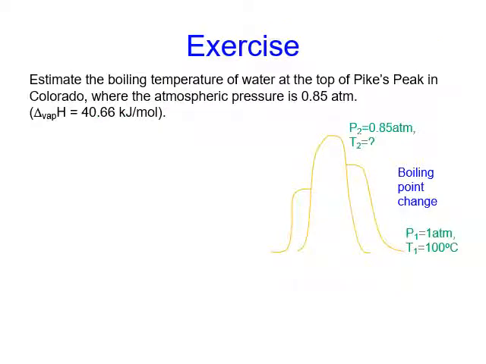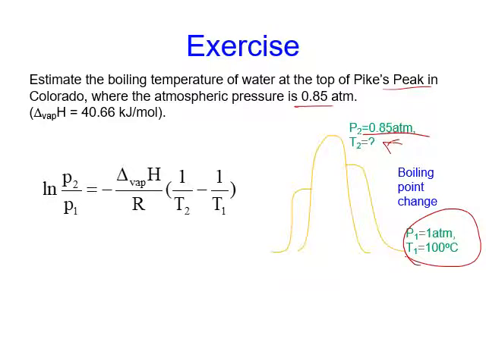Sample question. Estimate the boiling temperature of water at the top of Pikes Peak in Colorado, where the pressure is 0.85 atmosphere. So we know the water boils at 100 degrees when pressure is 1 atmosphere. But when you increase elevation, in this case, the pressure becomes only 0.85. The question is, what is the boiling point?